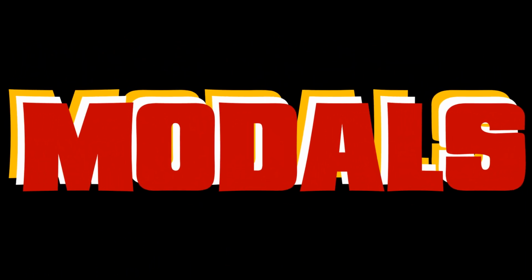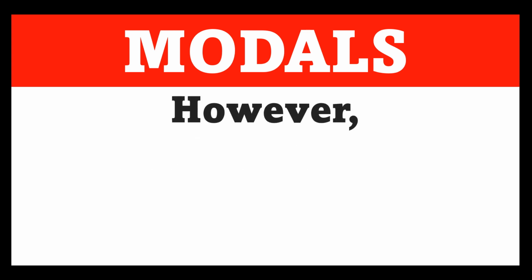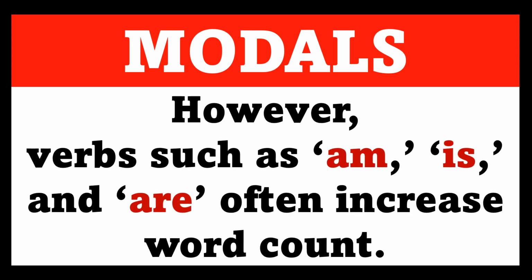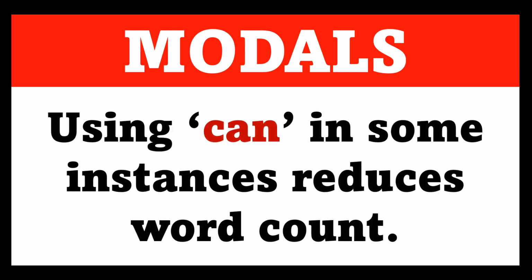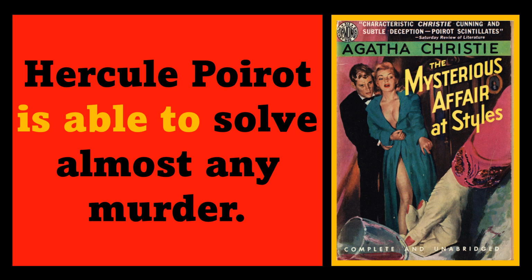Let's begin by looking at the modals. Auxiliary modals are verbs that can indicate ability. However, verbs such as am, is, and are often increase word count. Using can, in some instances, reduces the word count. Let's take a look at an example. Hercule Poirot is able to solve almost any murder.